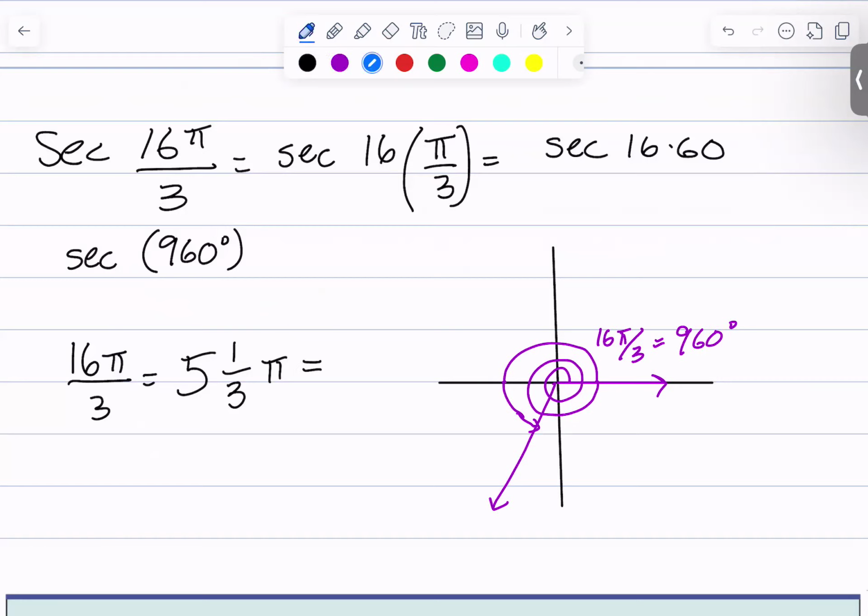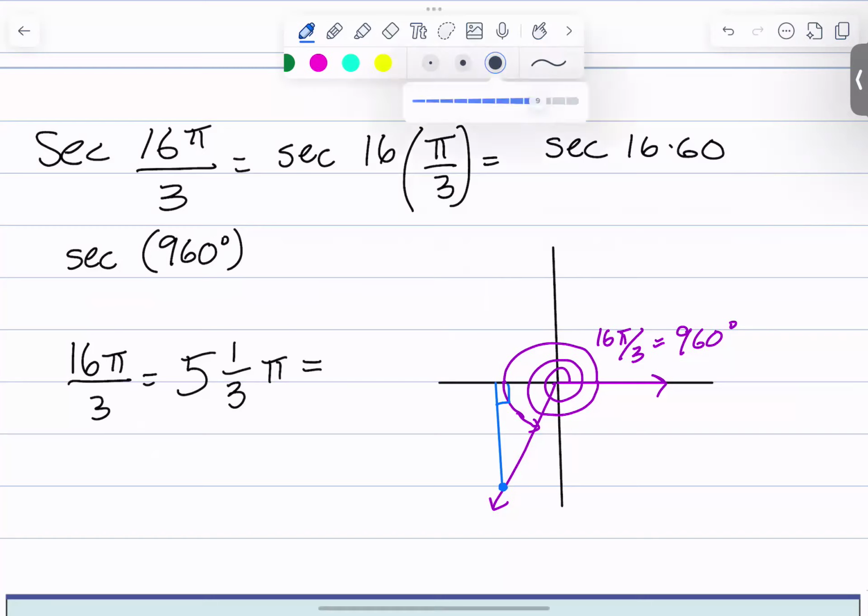So with this angle, pick a point, drop it all the way down, get the perpendicular distance, and then get this triangle that we're going to be dealing with.